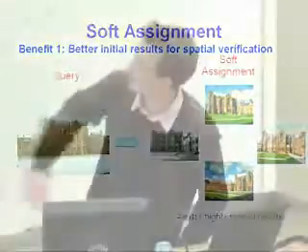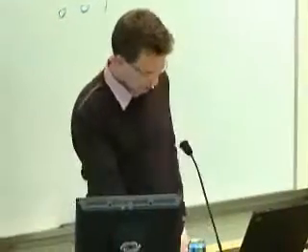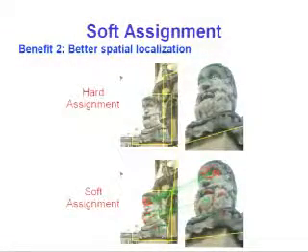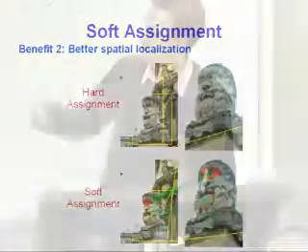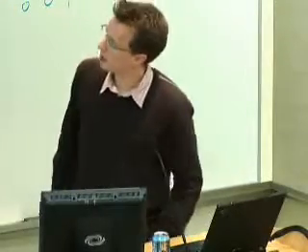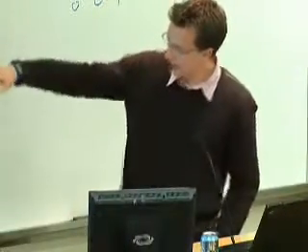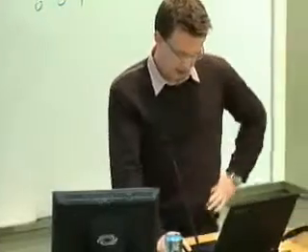That should be 3 extra. And the second benefit is better spatial localization. But I should say at the cost of having to check more correspondences. So for hard assignments, we had 2 inliers between these 2 images. And for soft assignment, we get many more inliers and a better estimation of the transform.